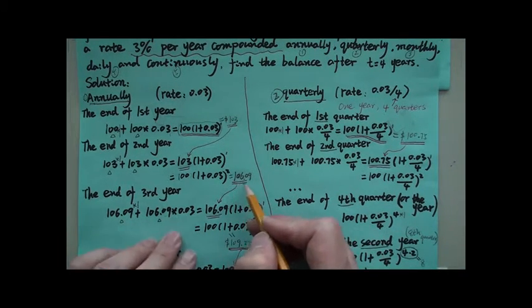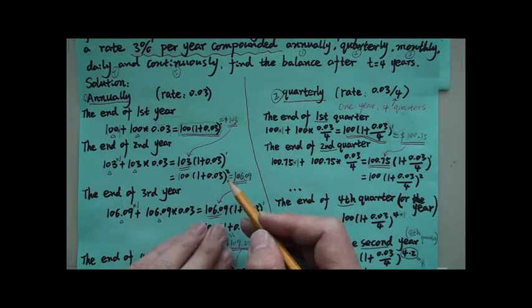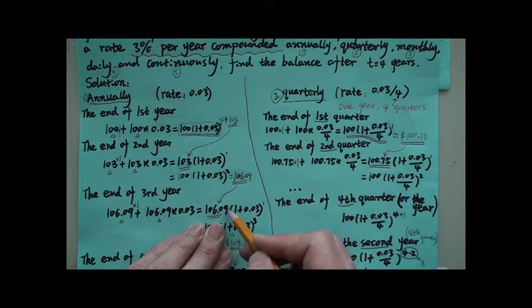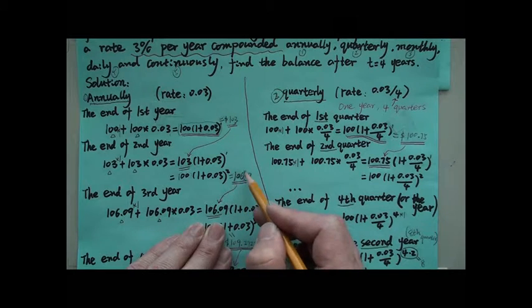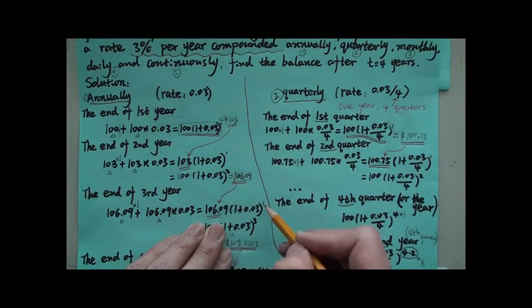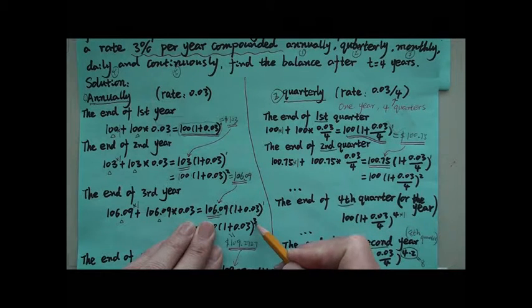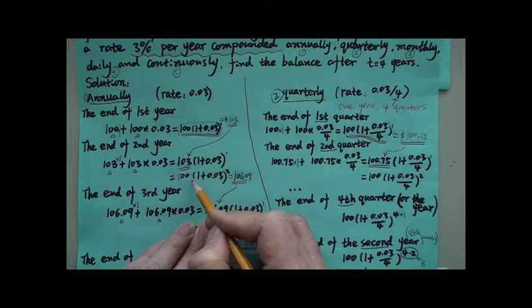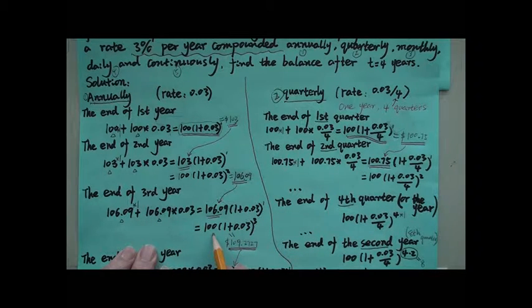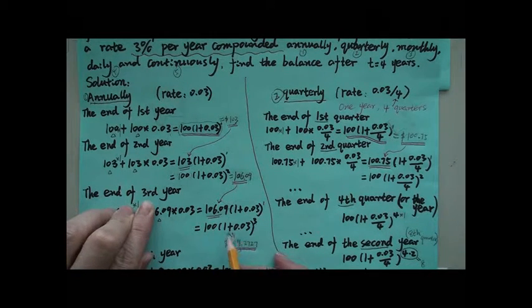And this 106.09 is this quantity, so I want to replace 106.09 by this one. Here the exponent is 2, here the exponent is 1, so 2 plus 1, you have exponent 3. And this quantity 100, we need to keep right here. That means at the end of the third year, you have 100 times 1 plus 0.03 cubed.